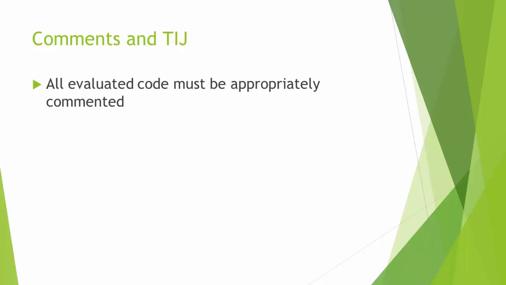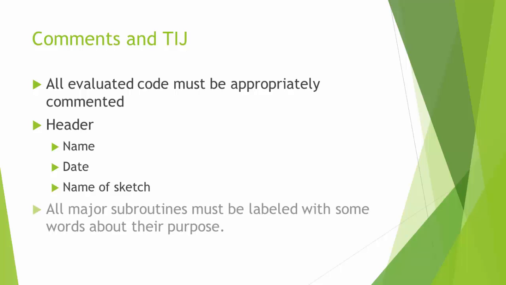So when it comes to the sketches that we're going to submit in TIJ, we must appropriately comment all of that code. This means identifying any major subroutines, any groups of code and their purpose. It also means we're going to put a header at the start of the sketch that contains your name, the date, and the name of your sketch, so it's easy to identify why this code exists.